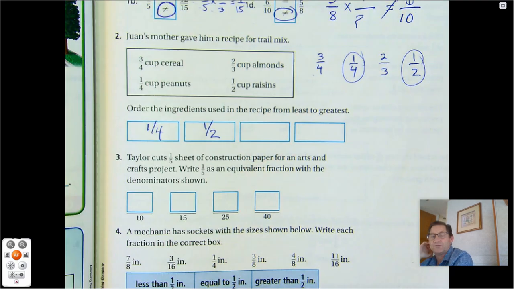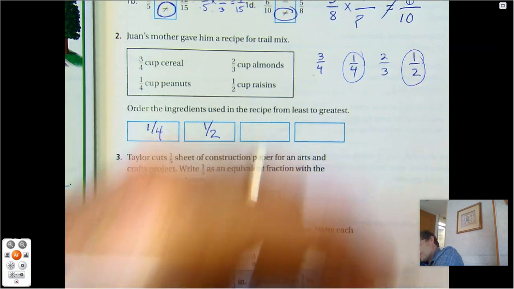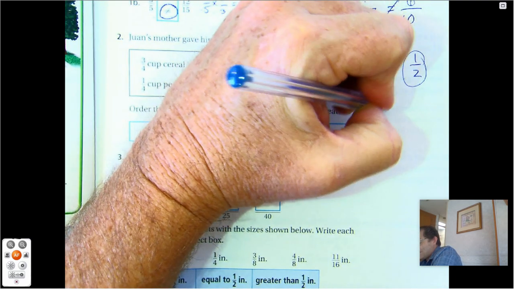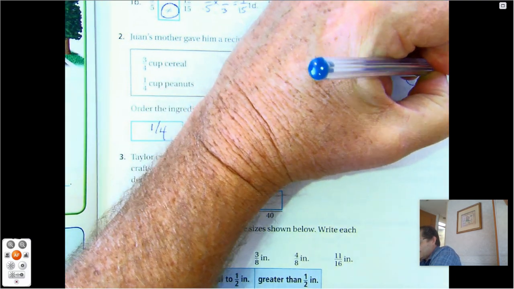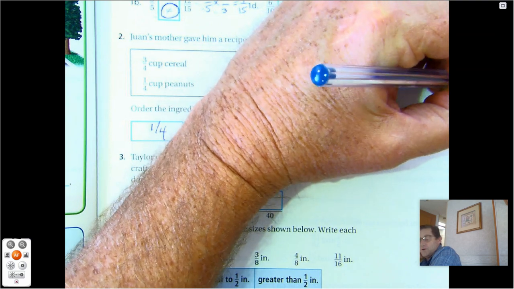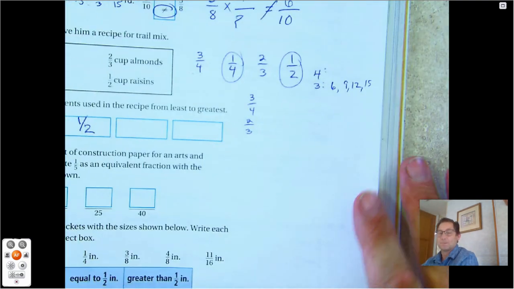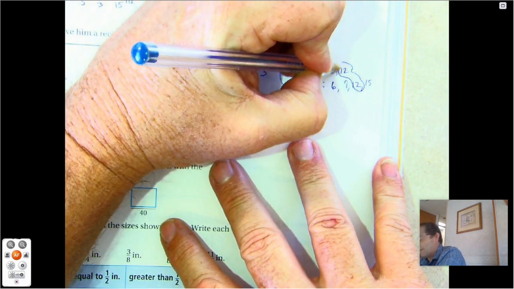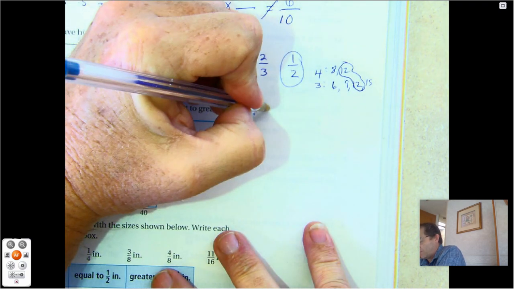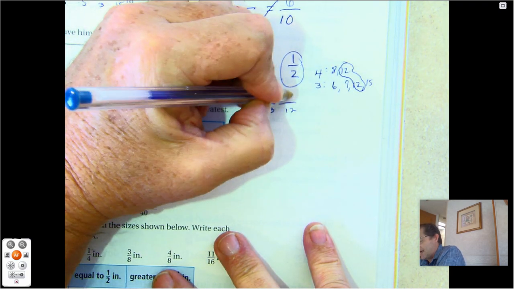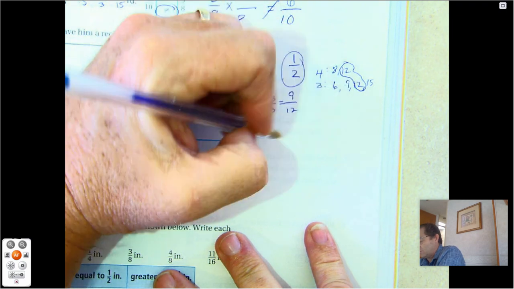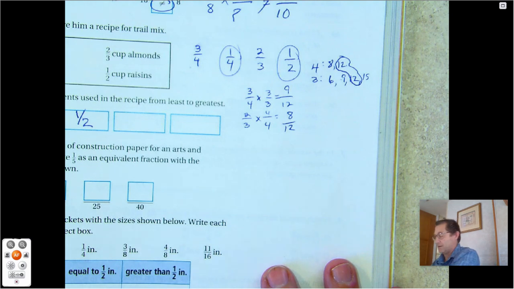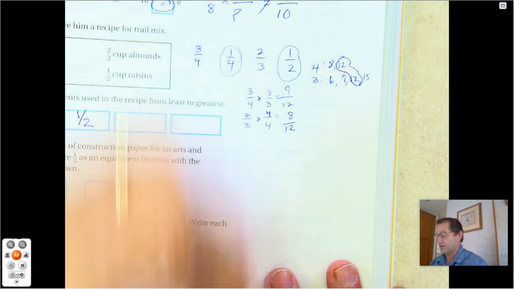And now we have 2/3 and 3/4. Well, here, let's go ahead and find a common denominator by listing multiples of 4 and 3. 3, 6, 9, 12, 15. I'm going to stop there. 4, 8, 12. All right, so 12. So 3/4 times 3 would give me 12ths. So 9/12. And 2/3 multiplied by 4 gives me 8/12. Because 2 times 4 is 8. And 3 times 4 is 12.